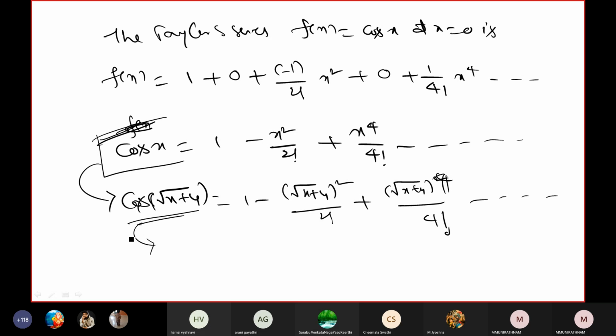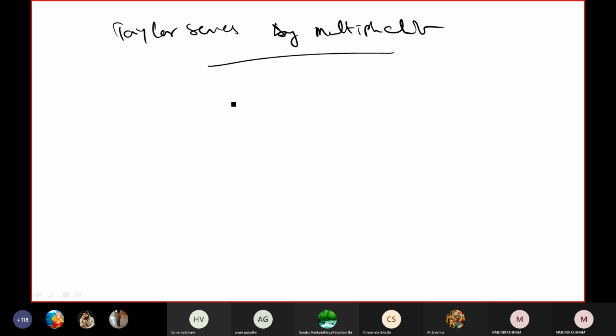Okay, now any doubts? So in the same way, Taylor series by multiplication. Suppose I know the Taylor series of cos x.